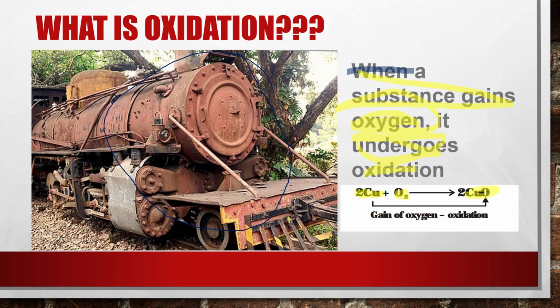So earlier the copper was alone, but now it has oxygen with it in the product, right? So this is called oxidation. The simple definition of oxidation: when a substance gains oxygen, it undergoes oxidation. And this is the example you can write in your board exams as well.